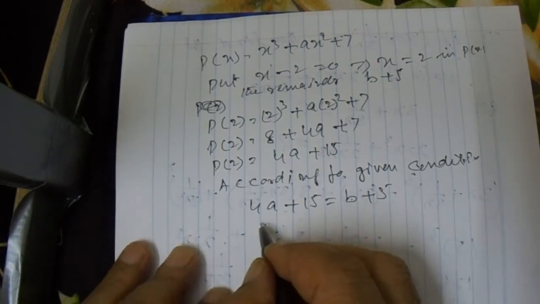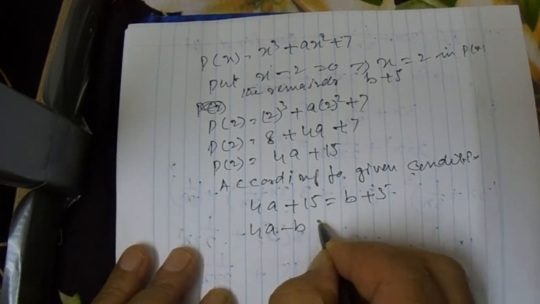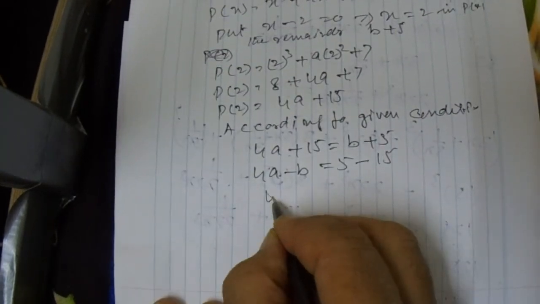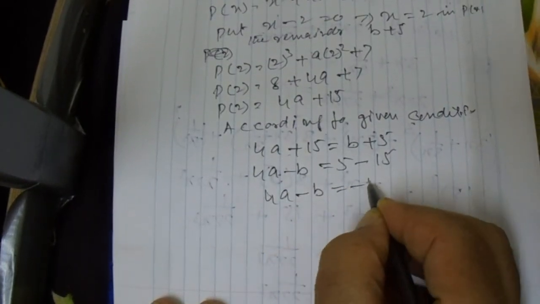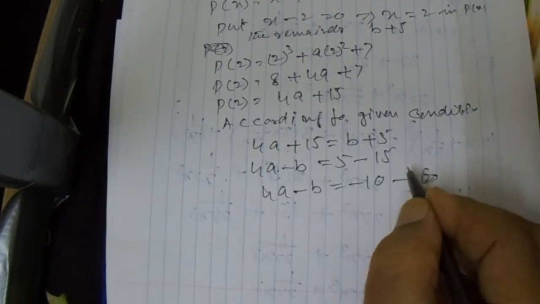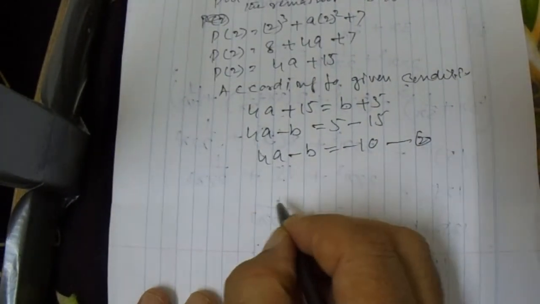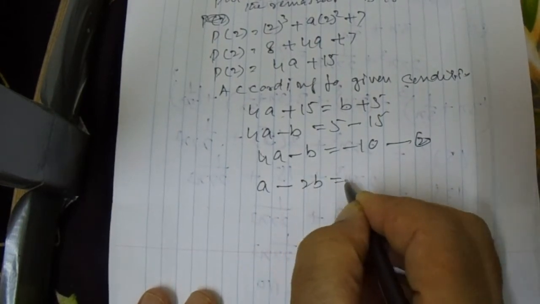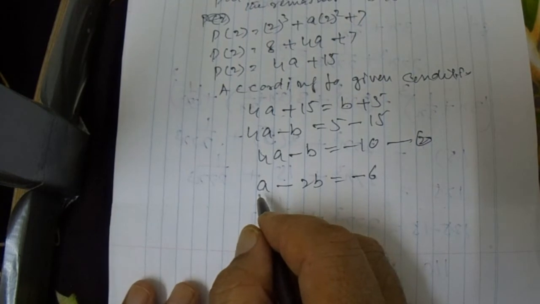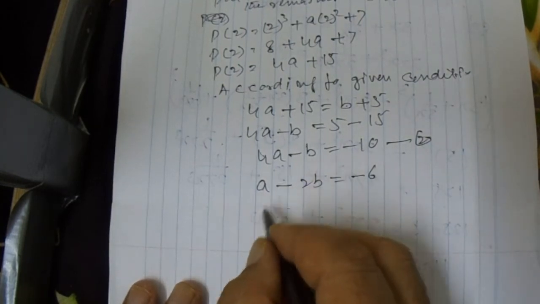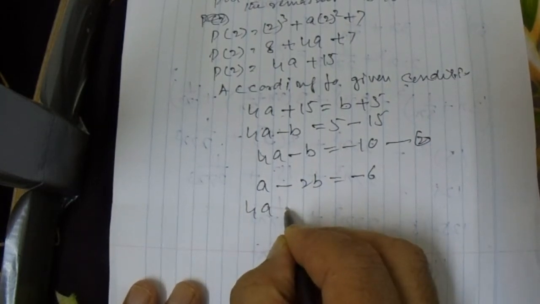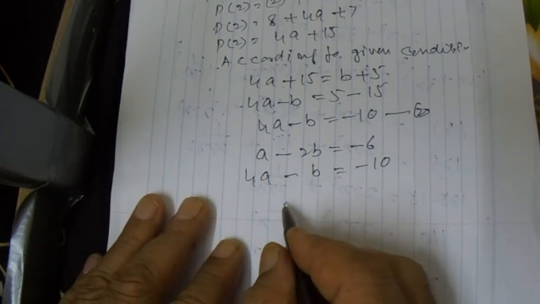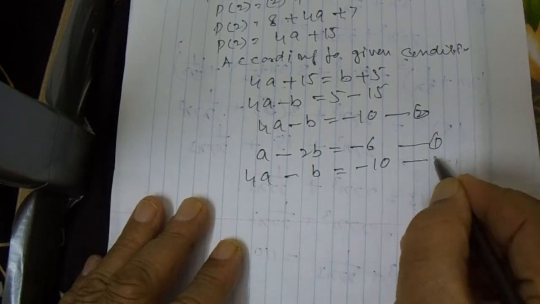Now b goes to the left side: 4a − b = 5 − 15, and 4a − b = −10. Now this is equation number 2. We write equation number 1, a − 2b = −6, and 4a − b = −10. This is first, this is second.